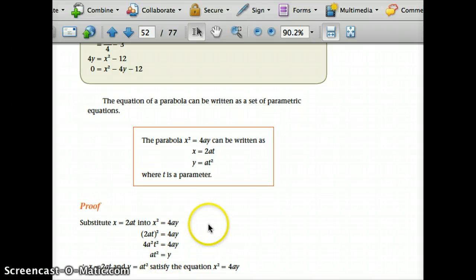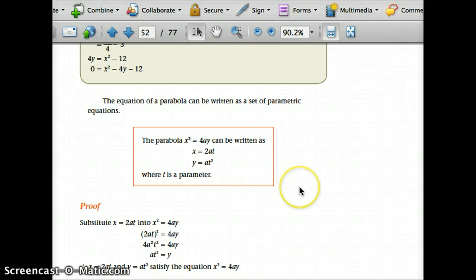And we know that at squared is actually y, so y equals y. So when you put the x substitution in, you get the result that is the other parameter. So that's the proof for why they work. I'll do a bit more of that later.